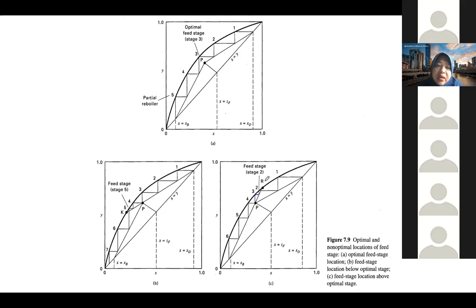So that tells you that sometimes in practice you don't have an optimal feed stage, because we have only maybe one distillation column, and sometimes the feed or the composition is changing, so the feed stage is also going to change, and we don't have the right equipment. That will result in non-optimal stages, or we need more stages.